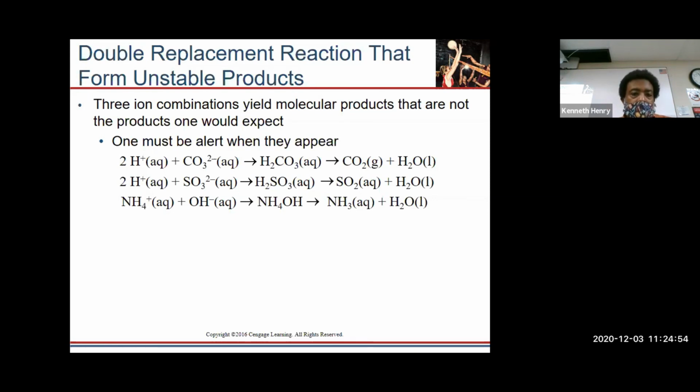You're going to form sulfurous acid, which breaks down almost instantaneously to sulfur dioxide and water. And when you have ammonium and hydroxide, it's going to form ammonium hydroxide, and it's going to break down almost instantaneously to ammonia and water.